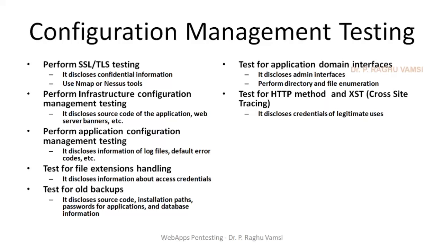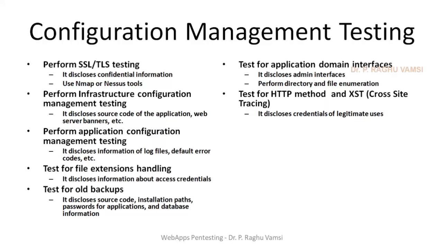Test for web pages, test for applications, admin interfaces, etc. It discloses the admin interfaces; perform directory and file enumeration for this particular category. Next one is test for HTTP methods and cross-site tracing. Cross-site tracing is especially used for disclosing the credentials of legitimate users.